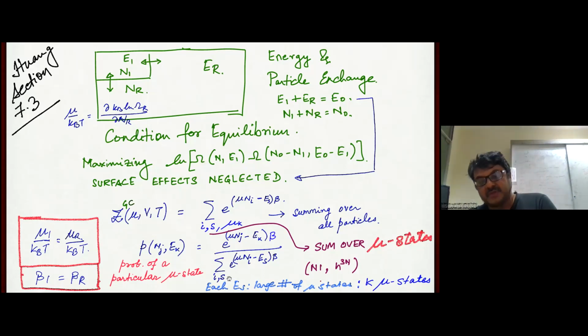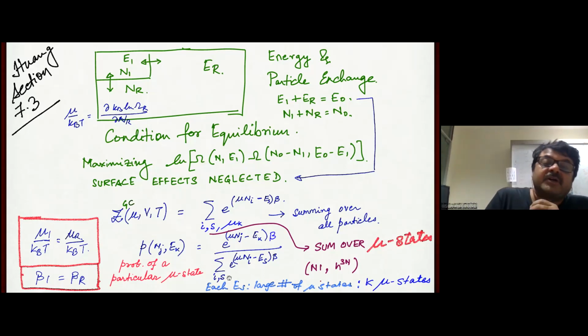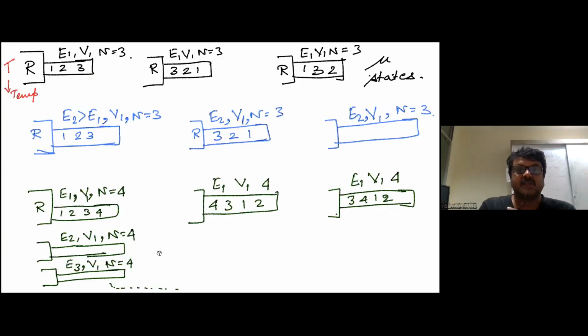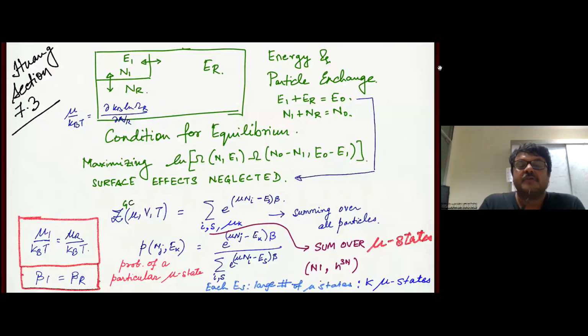But of course, with energy Ek and number of particles equal to Nj, you could have a huge number of microstates with a fixed energy. So those would be these and more, right? So this is the probability of accessing a particular microstate.